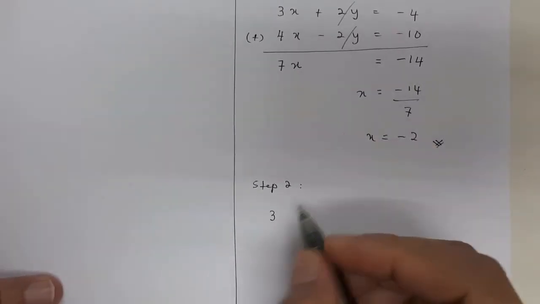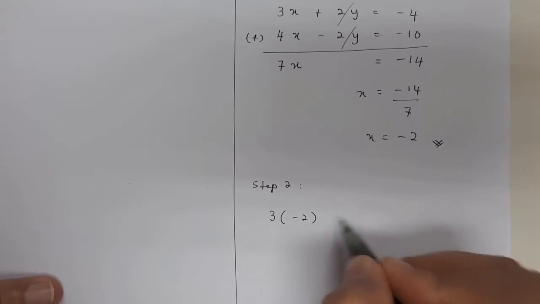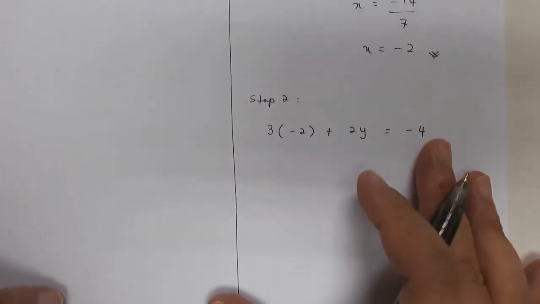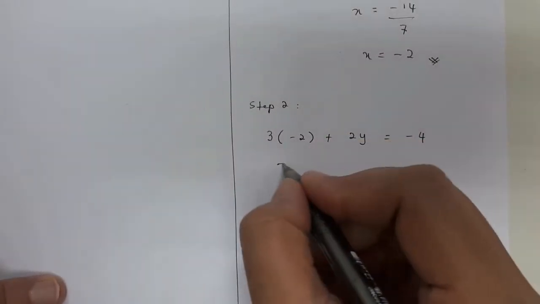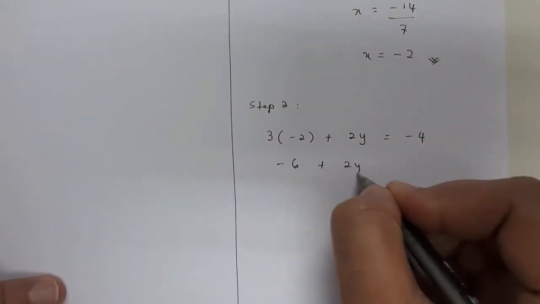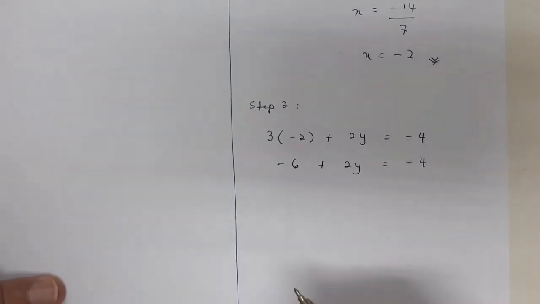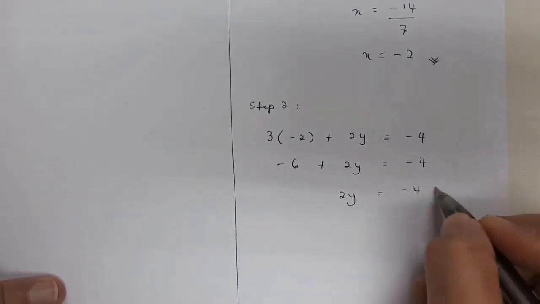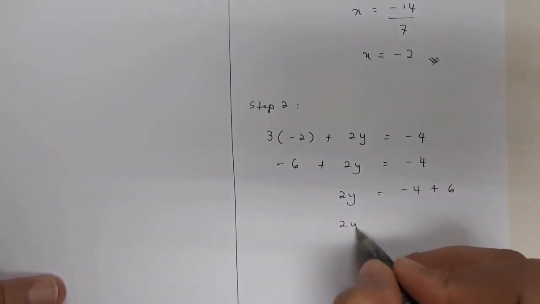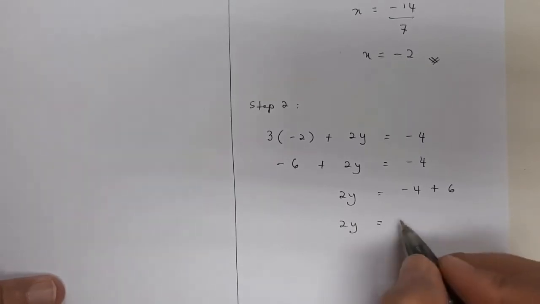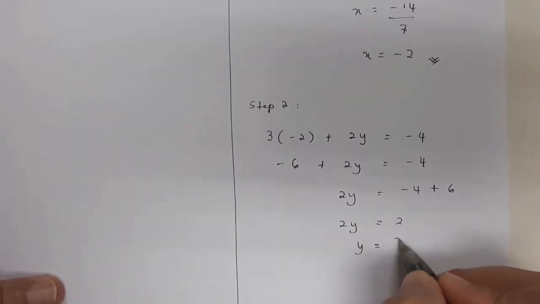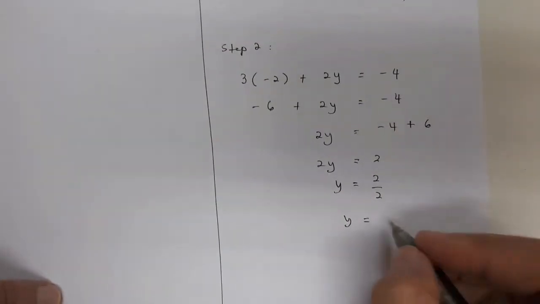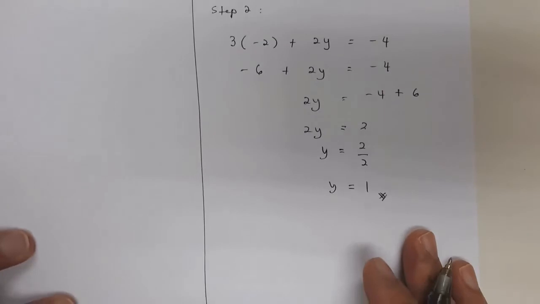So 3x, substitute x by negative 2, plus 2y equal negative 4. 3 multiply negative 2 is negative 6 plus 2y equal negative 4. Bring negative 6 to the other side, plus 6. Negative 4 plus 6, 2. 2 divide by 2, so y equal 1.